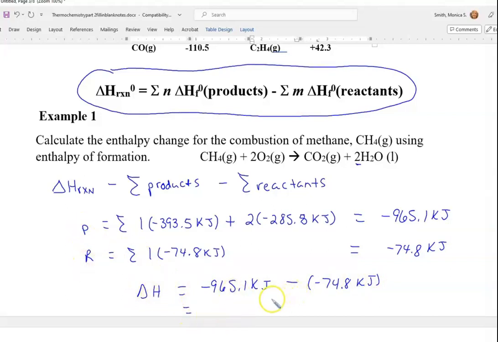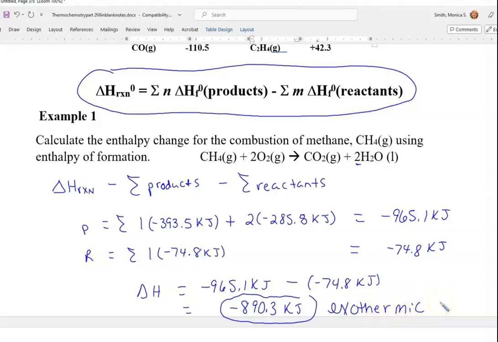You just subtract those and we get negative 890.3 kilojoules. Is that endothermic or exothermic? This is a negative number, so this is an exothermic reaction.